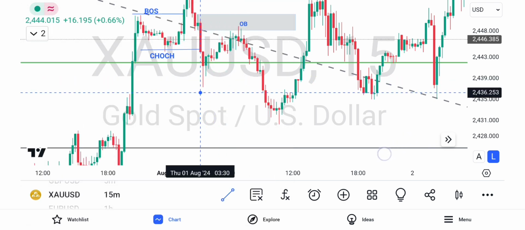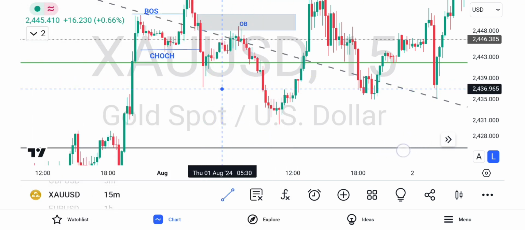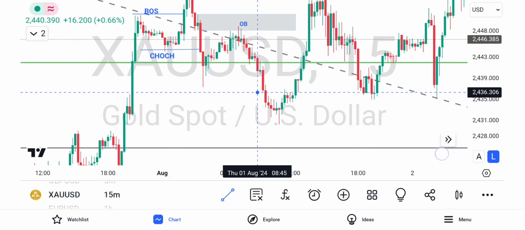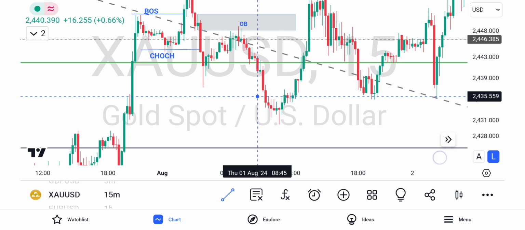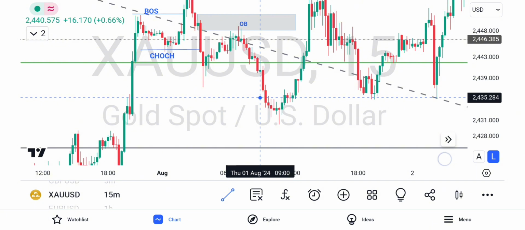Take profit can be here where price breaks this structure, okay, or your take profit will be here at this order block. Okay, at this order block. And that's how you stick this beautiful thing.